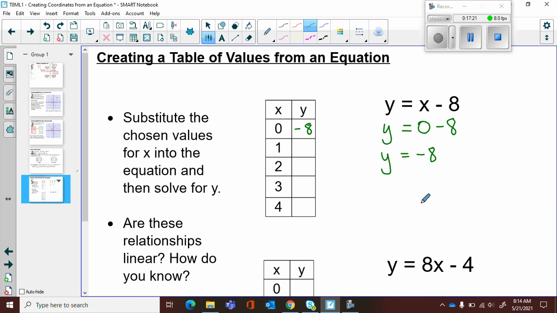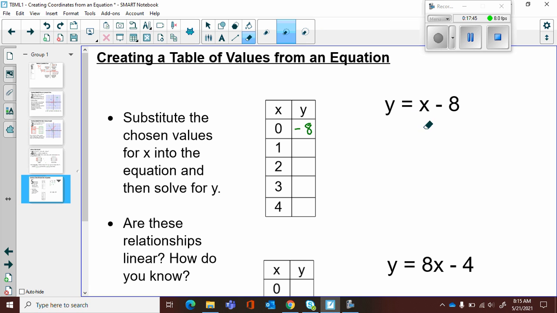I was able to figure that out just by substituting that number for x into the equation wherever there's an x, and then I just solve for y. And again, I'm just picking any random numbers. You could pick any numbers here for x, and you could find out what its corresponding value would be for y. So let's continue that. Let's try the rest here.